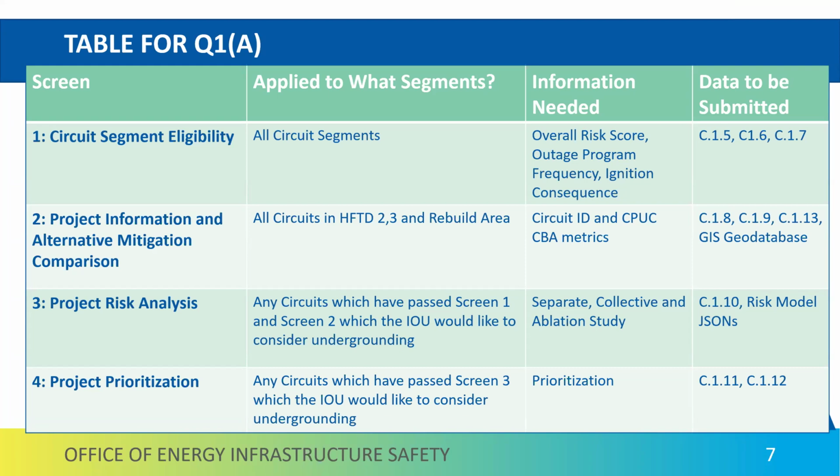So you'll end up with CBRs for every eligible project on the eligible project list, which is the product of screen 2. Yes. There'll be CBRs for that, and that will be part of the standard process passed on to the commission. There'll then be additional risk analysis that you will have undertaken on a limited number of circuit segments which have been passed through onto screen 3. We have an information imbalance.